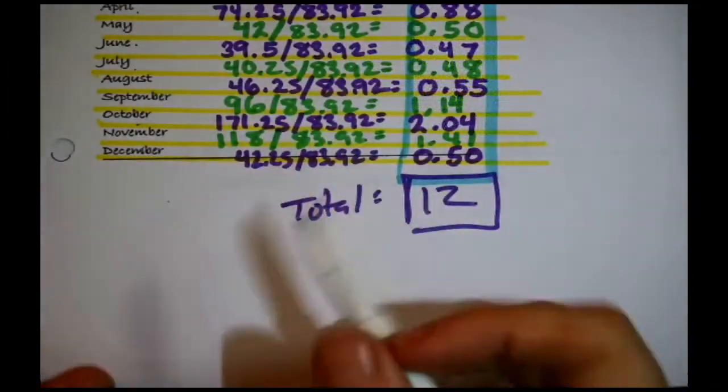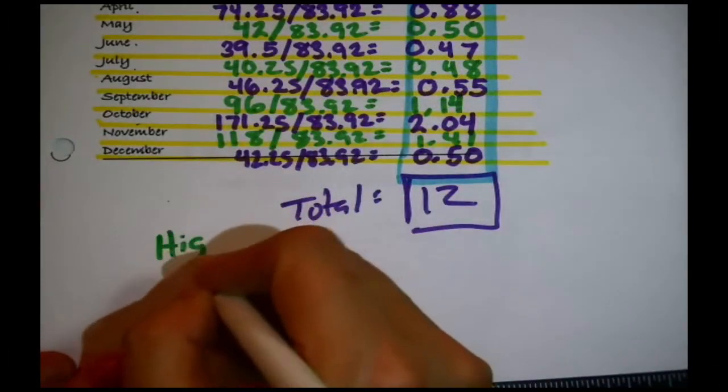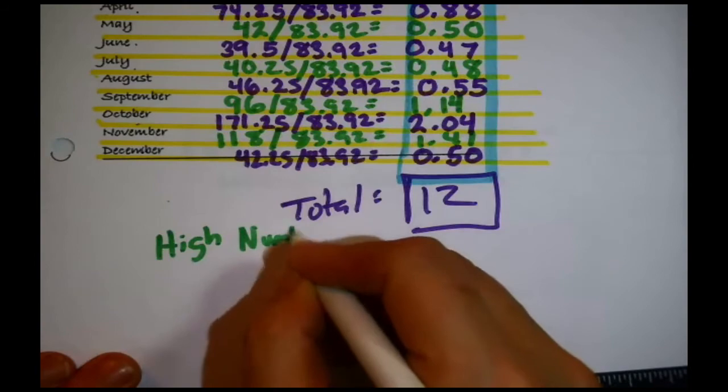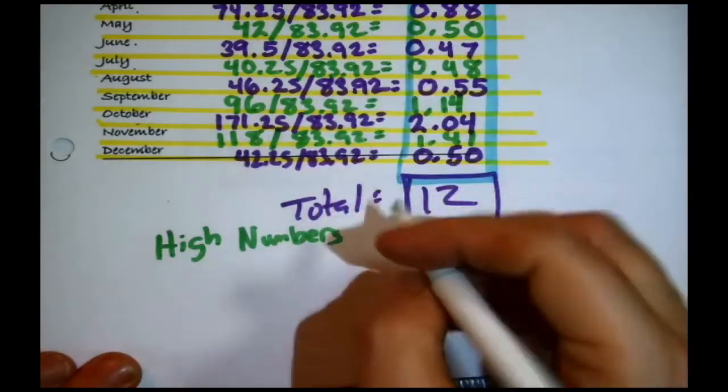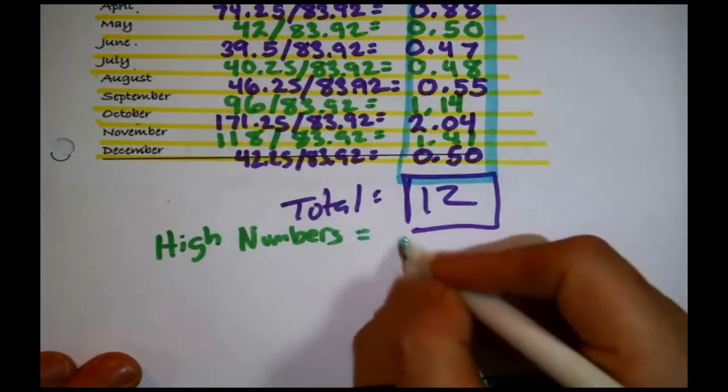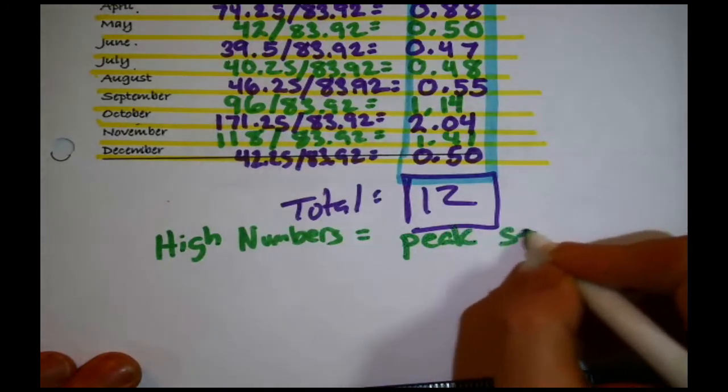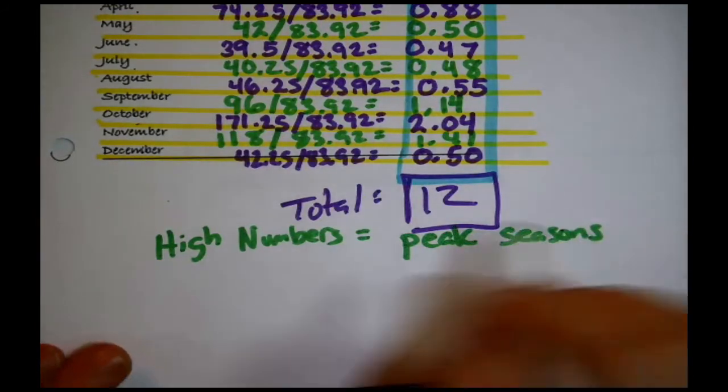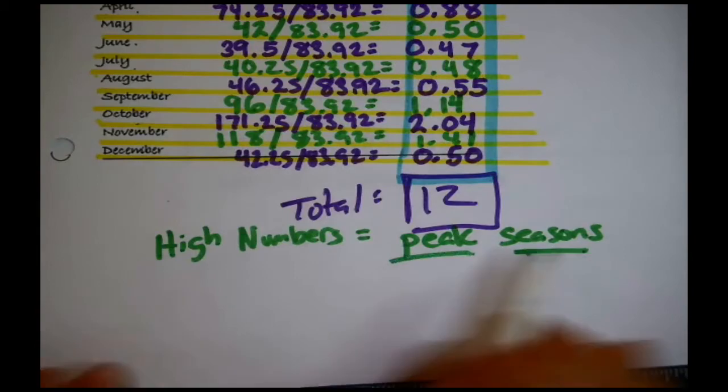That doesn't really answer the question of, okay, great, now we have these numbers, what's this supposed to mean? Okay, you're looking at a set of seasonal relatives. What are you looking for? High numbers, and I'm referring to the relatives themselves, equal peak seasons. For instance, in general, what is their busiest month?